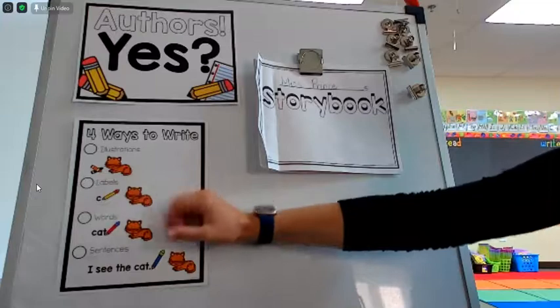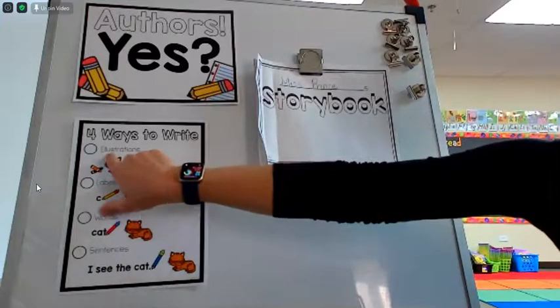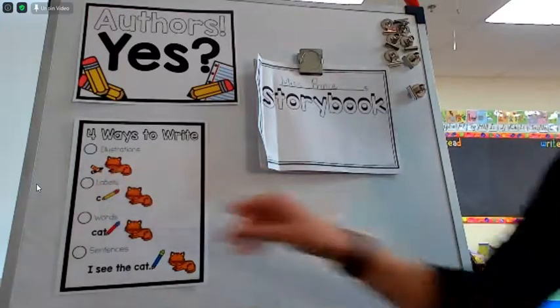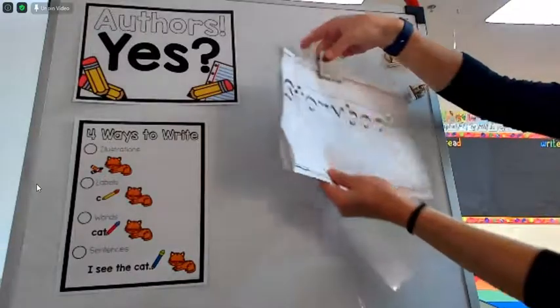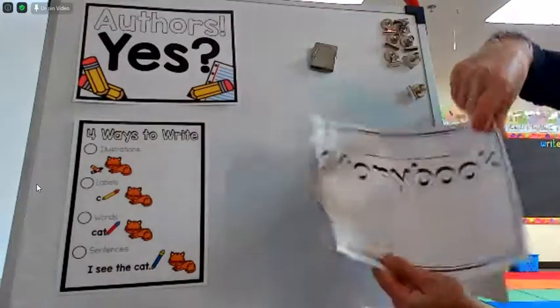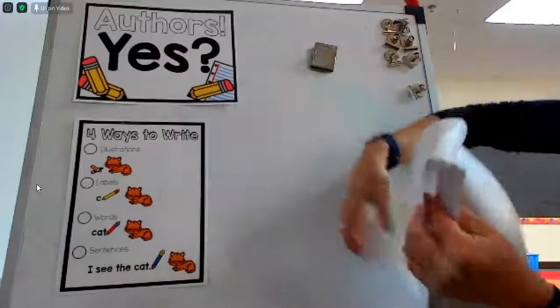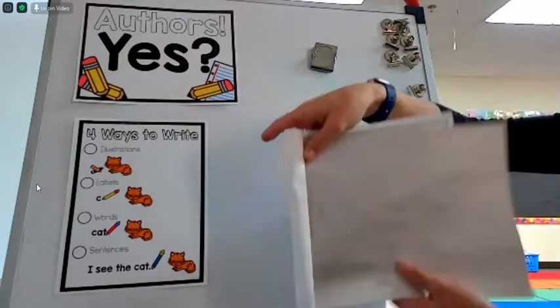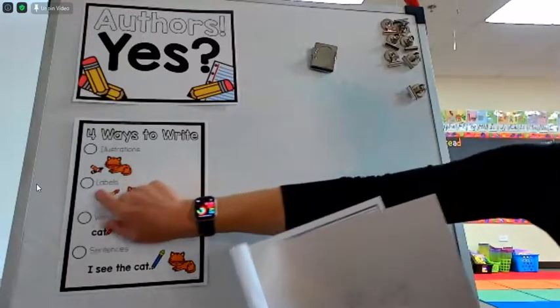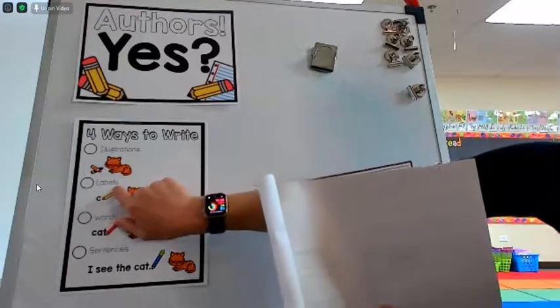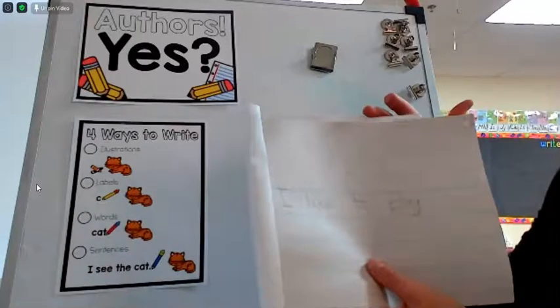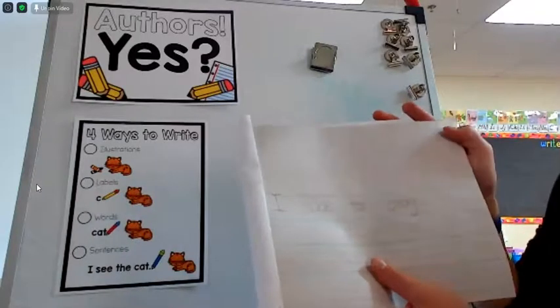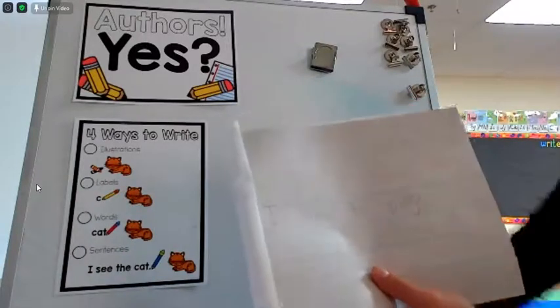We have 4 different ways that we can write. We can write showing illustrations, so our pictures. That means that I need to add more details to my picture. I need to add some pictures to it. 4 ways to write. Labels. So by adding labels to my pictures, I can help tell the story a little bit more clear.